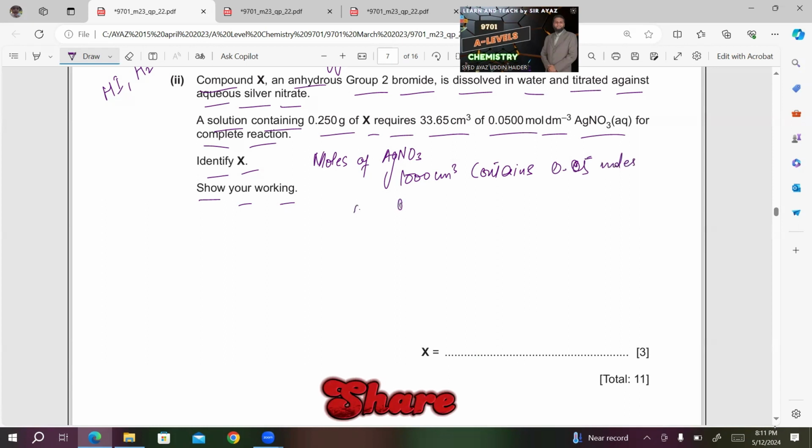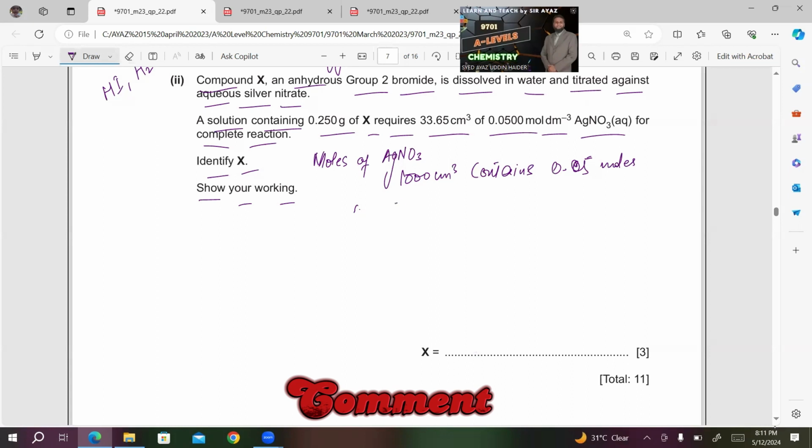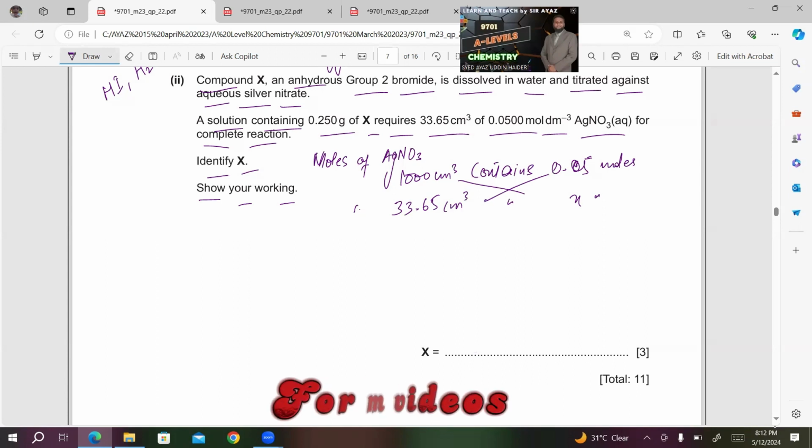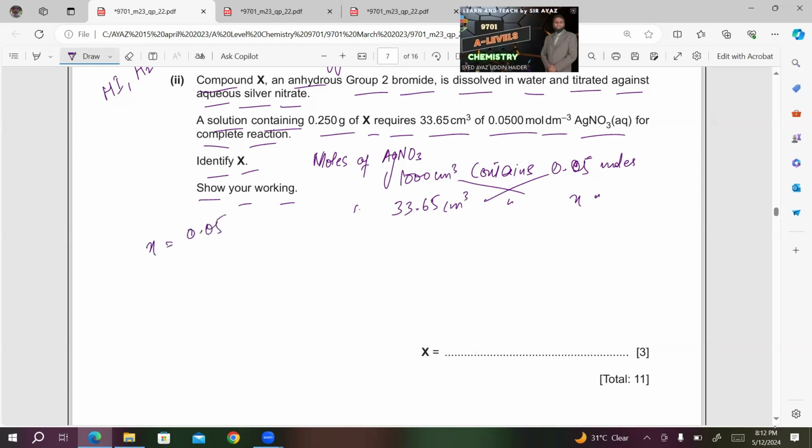Therefore, 33.65 cm³ contains x moles. Do the cross, what you'll get? You'll get x is equal to 0.05 multiplied by 33.65 divided by 1000.